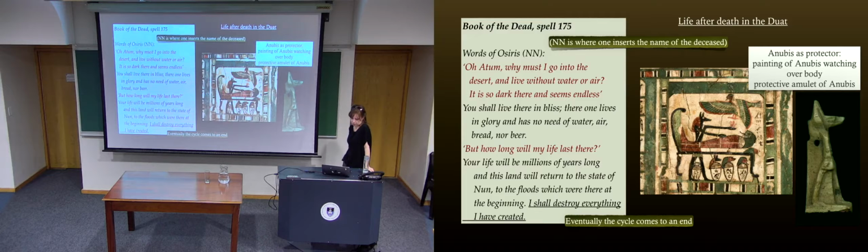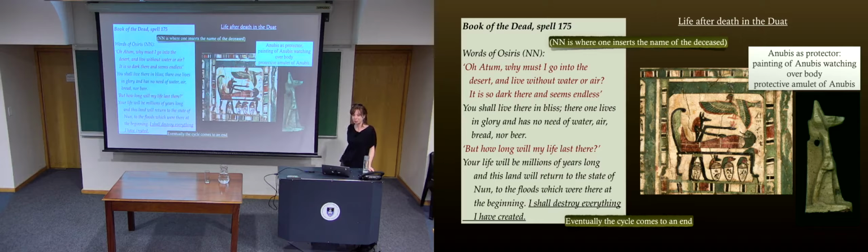So, let's see. Right. This was just another example about the significance of this myth for the afterlife. Another spell from the Book of the Dead. Again, it's like a series of ways for the Egyptians to reconcile death, right? What is death? Why does that not exist? I put this fragment up here though because it makes reference to the end of the world, which I haven't really talked about.